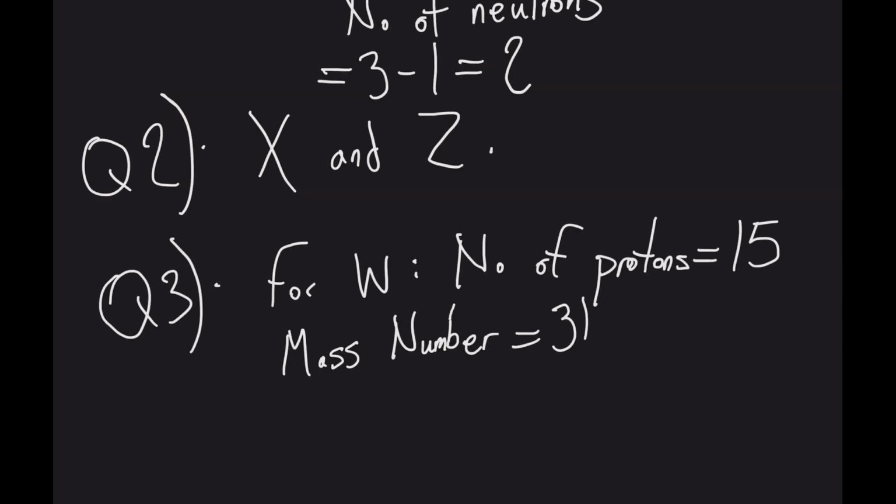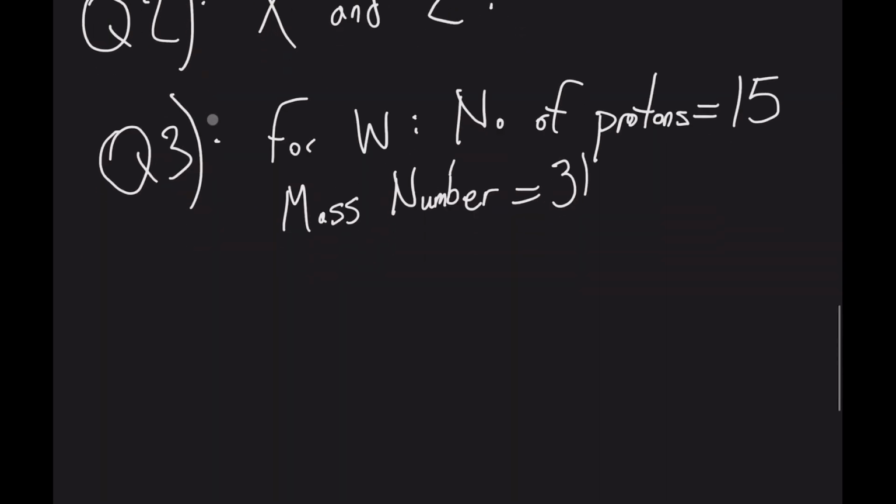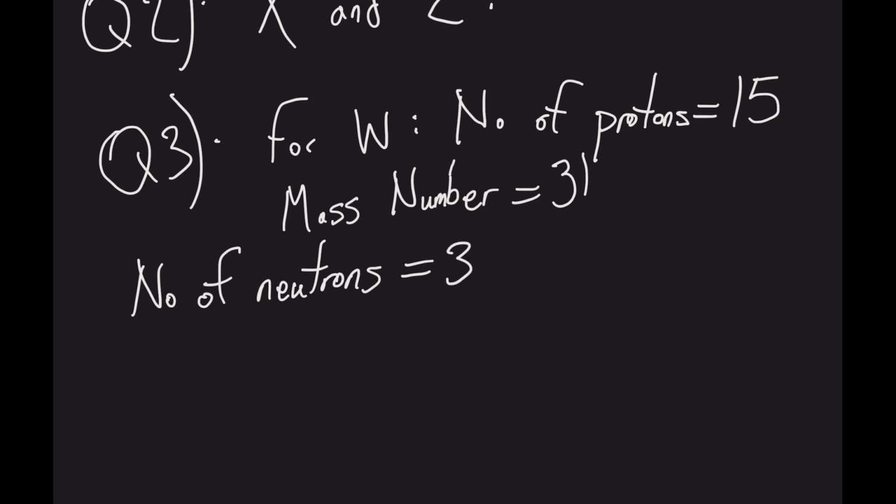So the mass number is equal to 31. And then the number of neutrons is found by performing mass number minus atomic number. So the number of neutrons is equal to 31 minus 15, which is equal to 16. And that's the number of neutrons in the atom W.